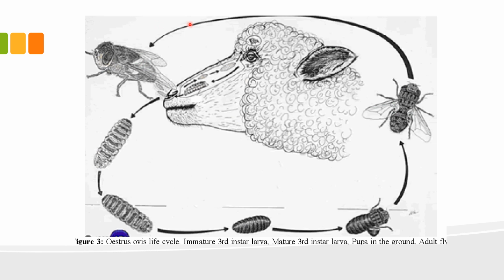As you can see here, the life cycle of Oestrus ovis is considered to be direct, and the first stage larvae migrate through the nasal passages to the frontal sinus, where they develop into third stage larvae, then migrate back to the nostrils and are expelled into the environment through the host sneezing. The larval development in the nasal passages and the frontal sinuses takes up to 9 weeks.